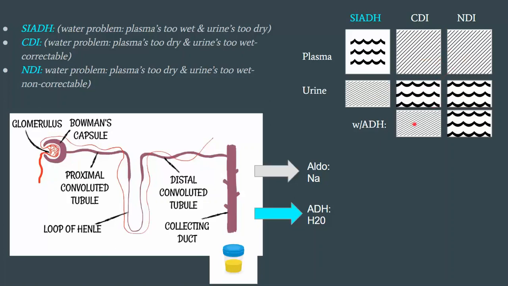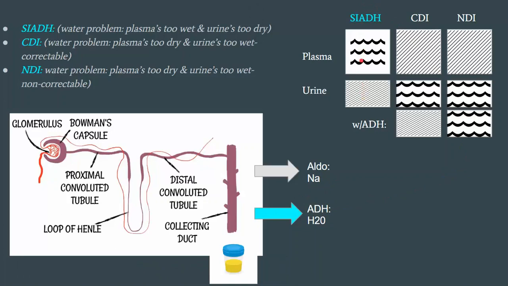And when we give somebody ADH, we can correct this problem if it's central, if the brain was deficient in making the hormone. But if the kidney was deficient in letting the hormone act on it, it won't correct with nephrogenic diabetes insipidus. Maybe that works for your brain. So in other words, with SIADH, the plasma's too wet and the urine's too dry.